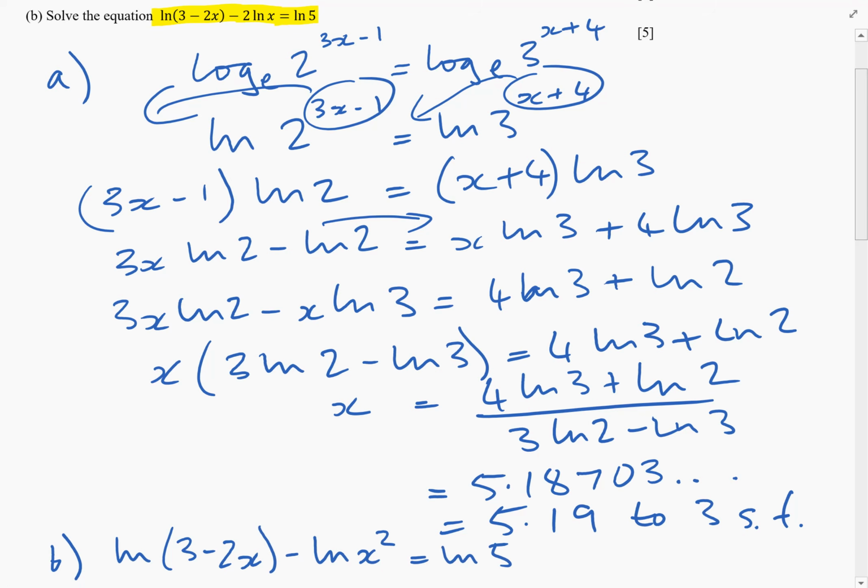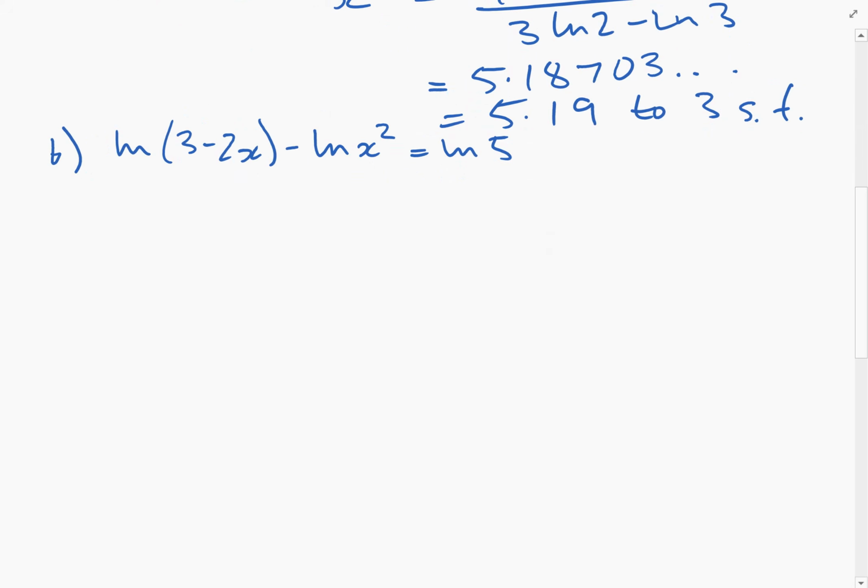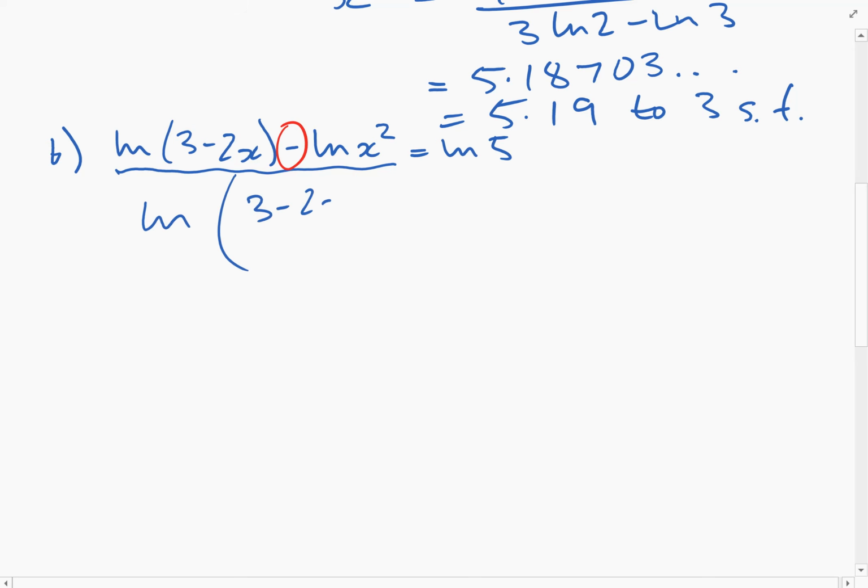So that's the equation we're solving in part B. So I've already started simplifying the left hand side to make it all one logarithm. So if we carry on doing that, because of this subtraction here, we can divide the logarithms, so it's the same as ln of (3 minus 2x) all over x squared equals ln 5.